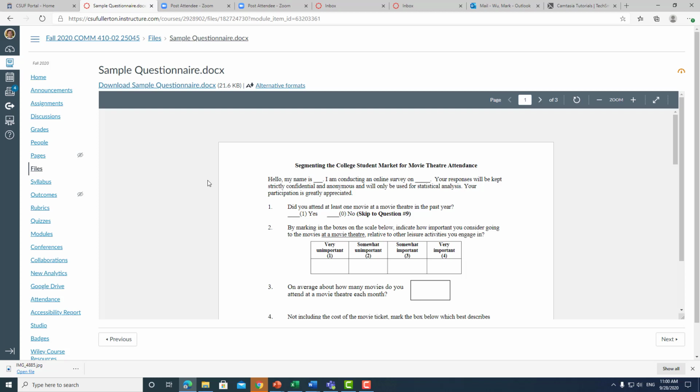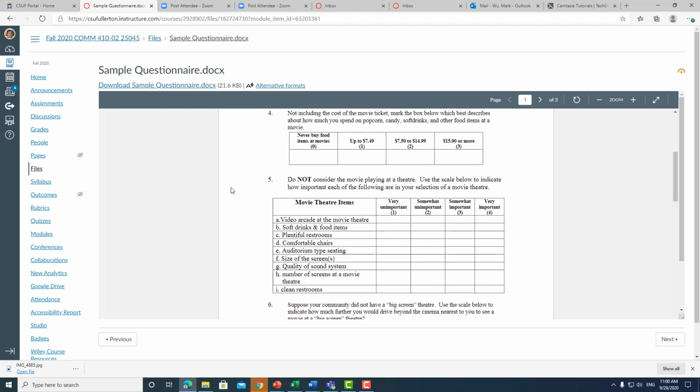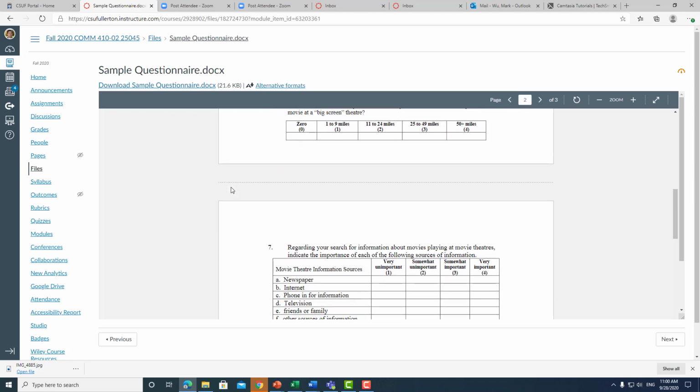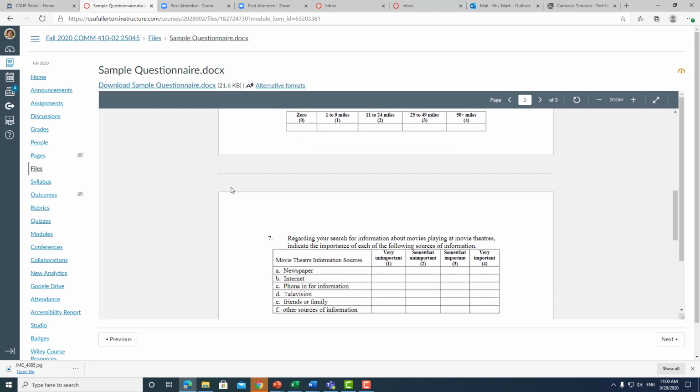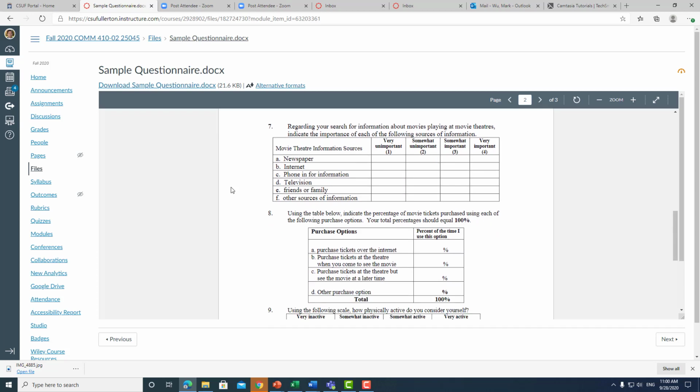So this is a pretty good survey, and I want you to look at it at your own leisure, and take a look at the format and the type of questions, and also the structure and the layout. We'll talk more about survey questionnaire design, I think in chapter number 9.